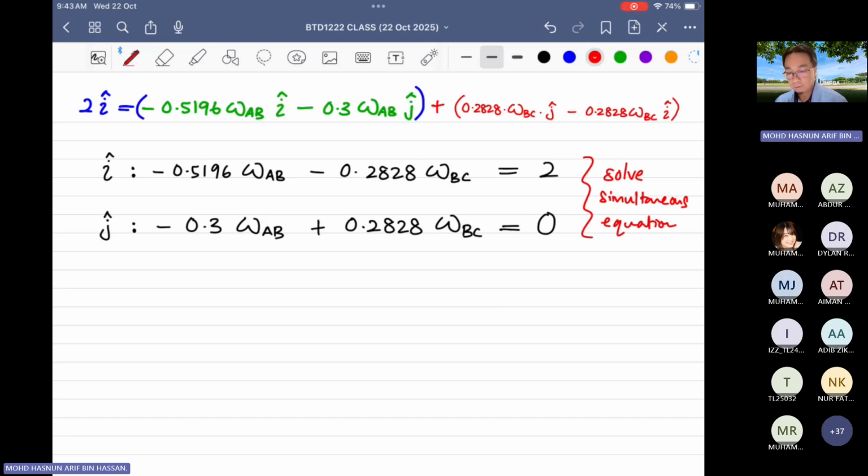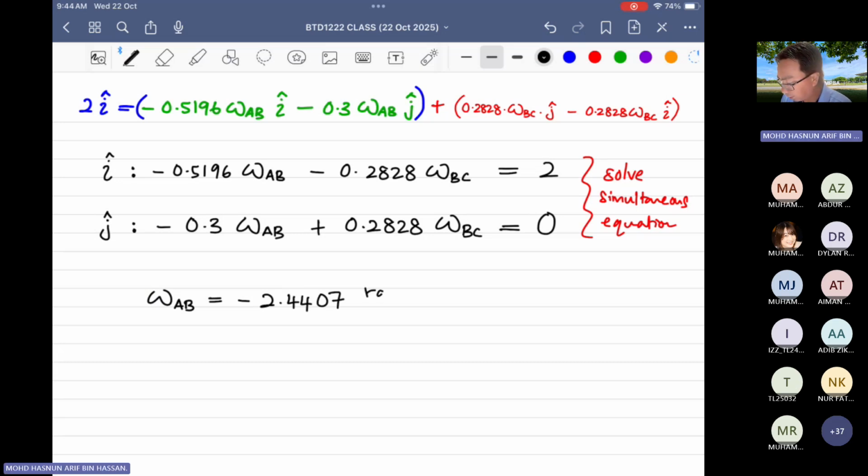Okay, let's see what is the value. Okay, so we have omega AB is equal to minus 2.4407.